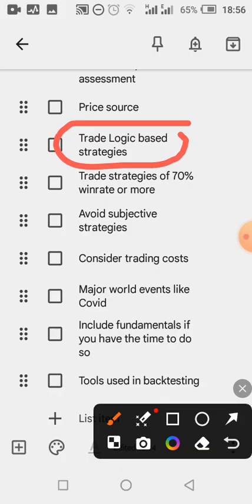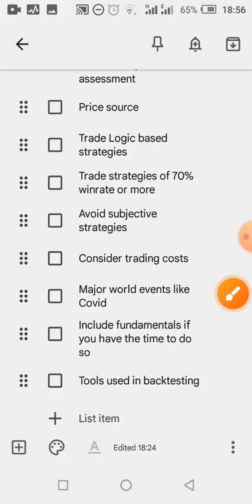Okay, don't just take strategies where people are just using indicators and saying, I'll open a buy trade if there is a crossover of this moving average and this moving average, using it as a signal on lower time frames to open trades, or saying, I'm just going to open a sell trade if my MACD indicator or stochastics indicator gets to an overbought level. Those strategies will not have long-term consistency, even though they may respond for a certain period of time.